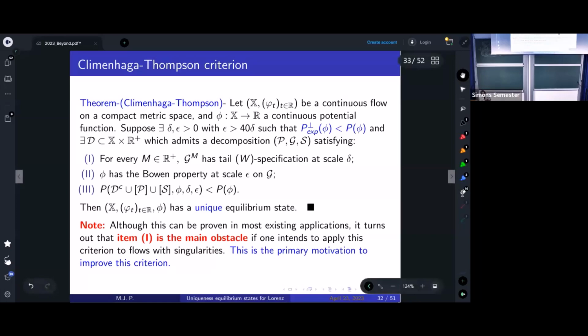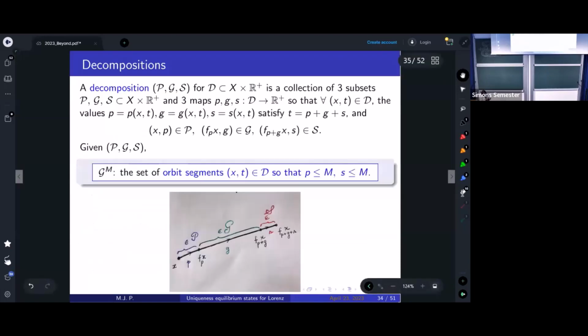I will explain the meaning of these terms in the next slides. I will comment that we cannot use this criterion directly for the flow we are considering, because of item 1, as you will see. Let me just explain the terms.